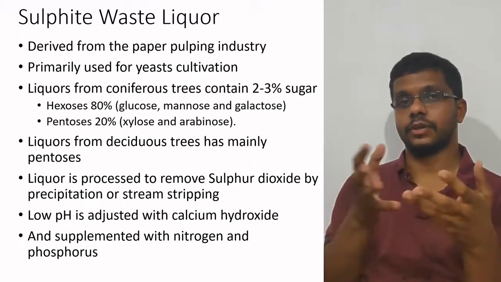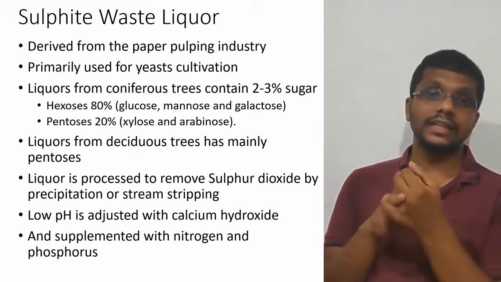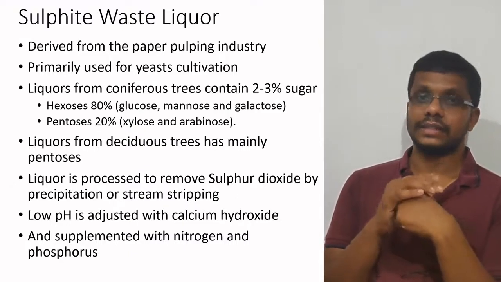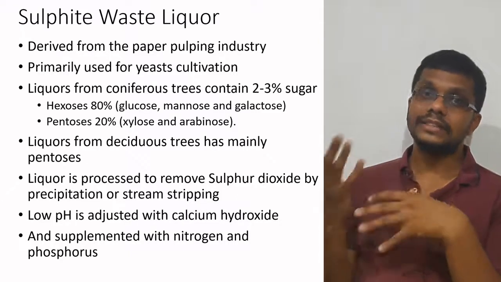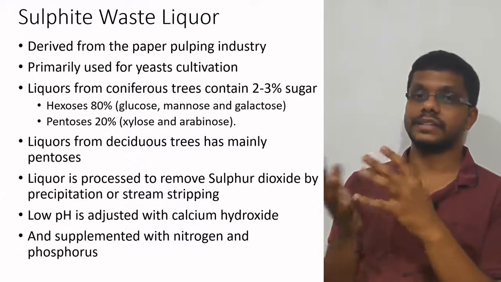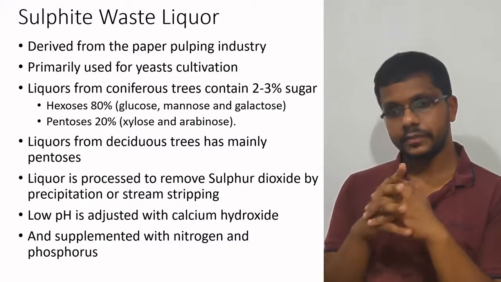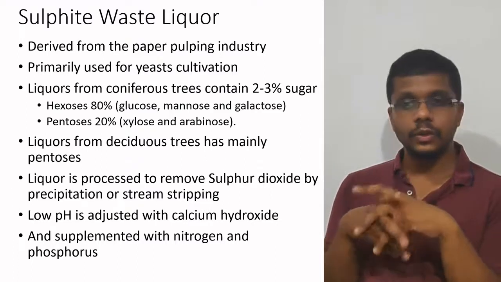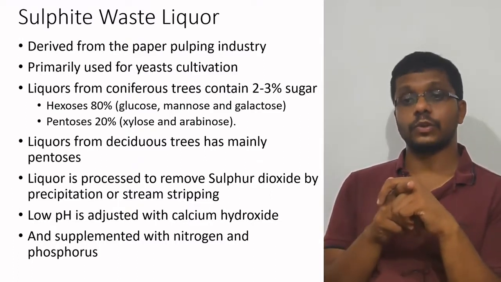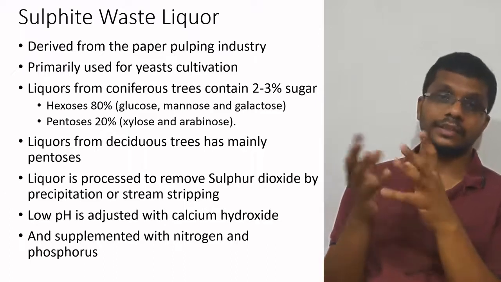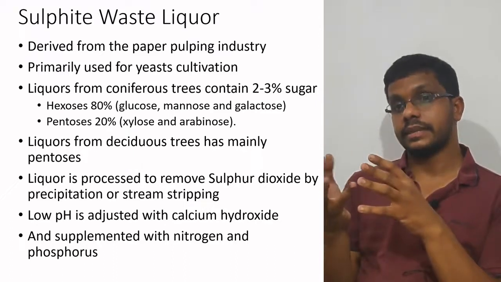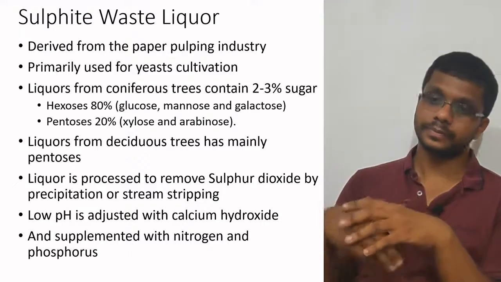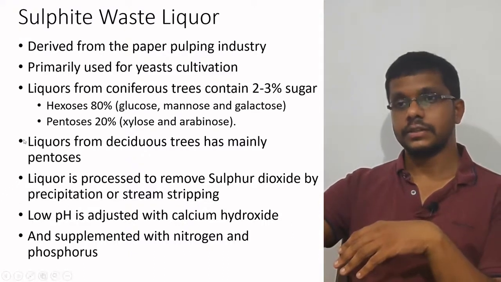Another thing is that it has a very low pH, so sometimes we use calcium hydroxide, things like that, to adjust the pH so that the microorganism can grow in it. The nitrogen composition of the sulfate waste liquor is very low, and phosphorus is also low. So before using it as a medium, we add some nitrogen and phosphorus to it.